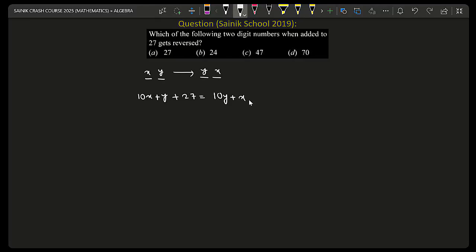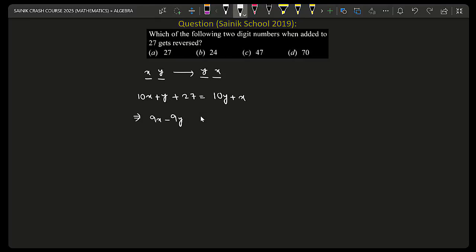So what I'm doing is I'm transposing 10y to the left side. It will become minus 10y. And I'm transposing x to the left side. It will become minus x. So 10x minus x is going to be 9x. y minus 10y is going to be minus 9y, equal to 27.